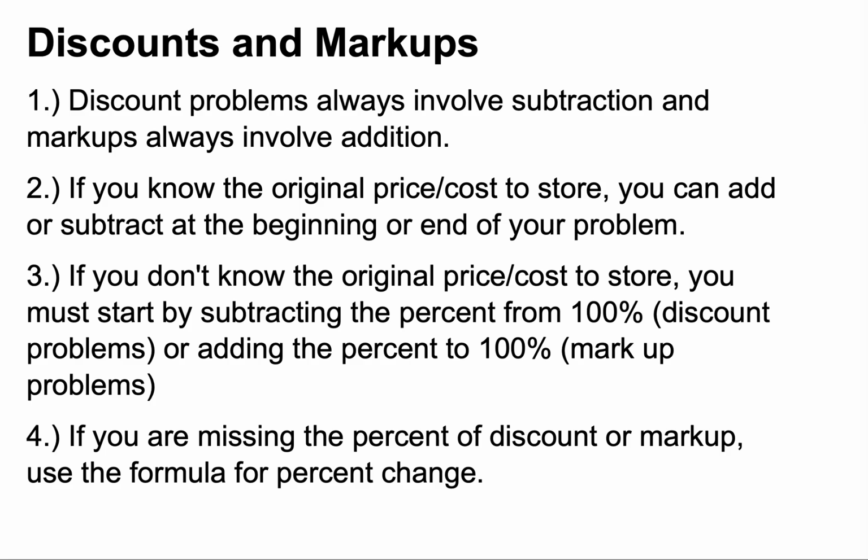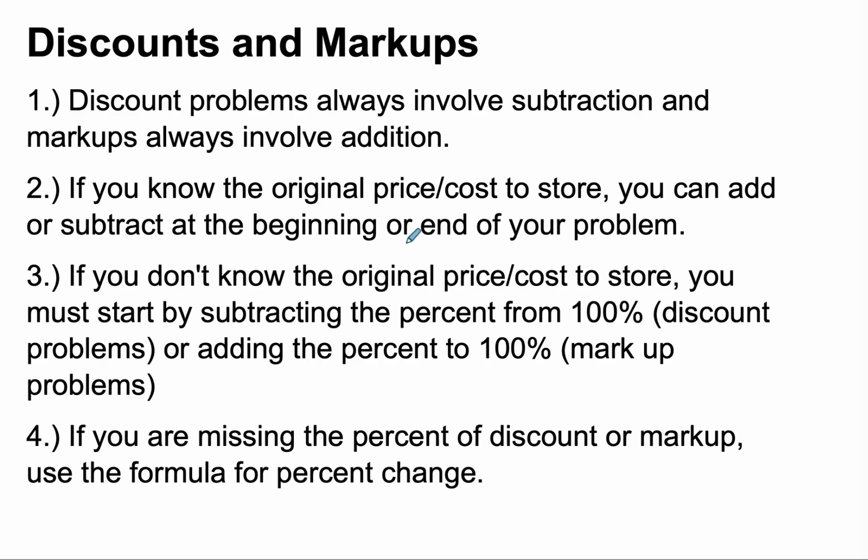All right, so let's move on to 6.6, which is discounts and markups. So here are some things to keep in mind for discount and markup problems. Discount problems always involve subtraction, and markups always involve addition. If you know the original price or cost to store, you can add or subtract at the beginning or the end of your problem.